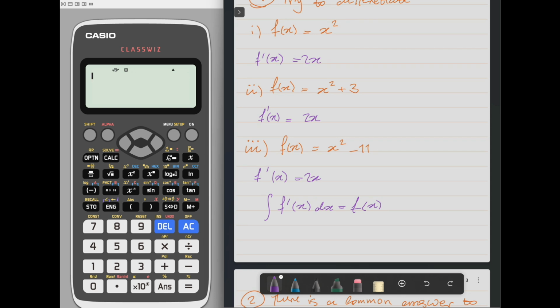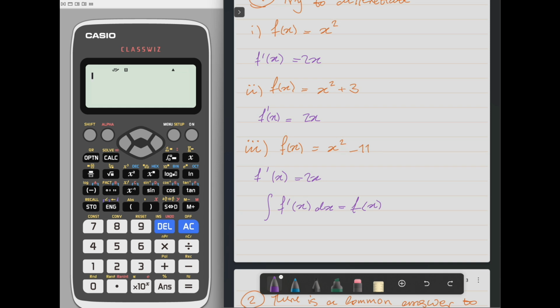And if you have extra information about the integration or about the original function, we can find out the value of that c. But if you're generally asked to find the integration of an expression without any extra information, then you must mention that plus c in the end.